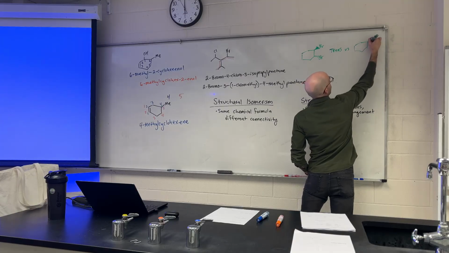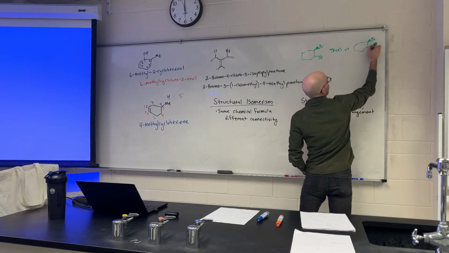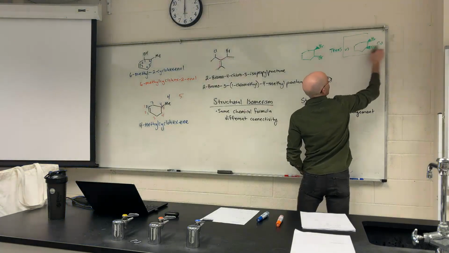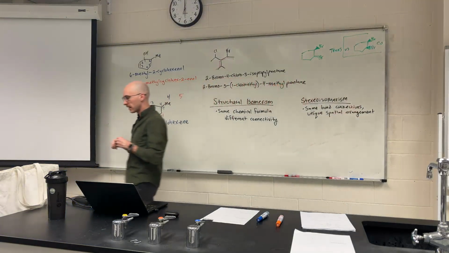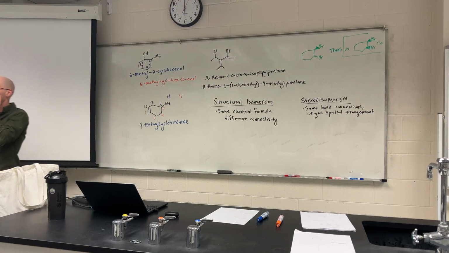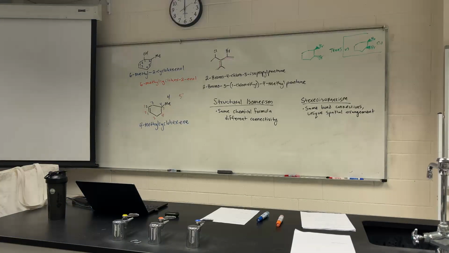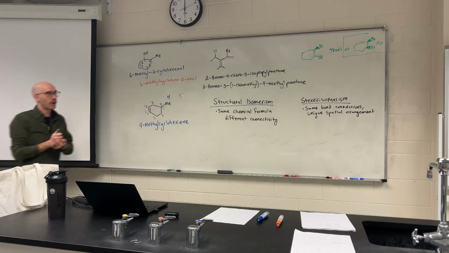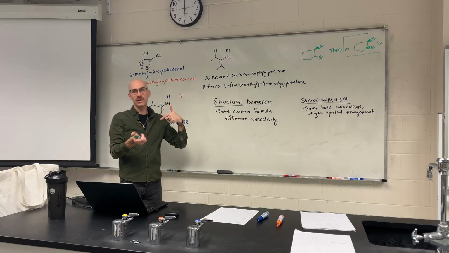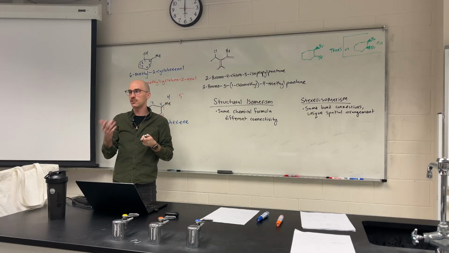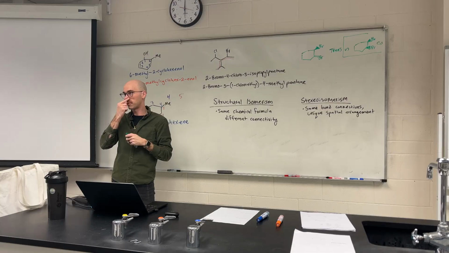If those two bromines were shown both wedged or both dashed, then we would call it the cis stereoisomer. All of the same groups are connected in all of the same places, but one of the bromines is arranged differently in space. So these are cis-trans stereoisomers.